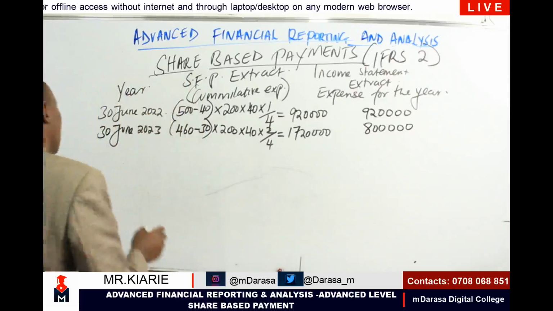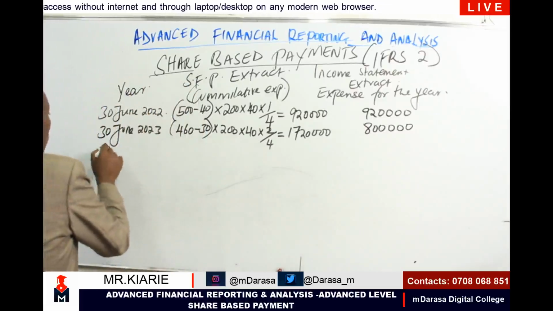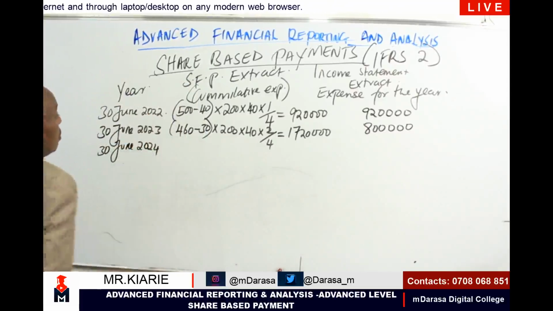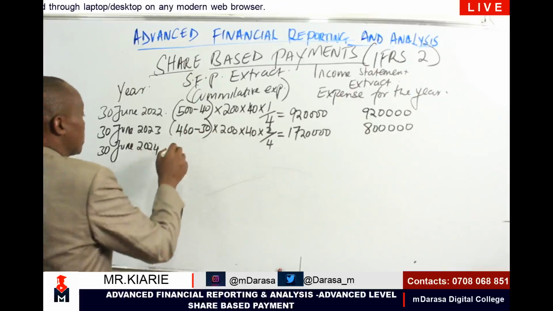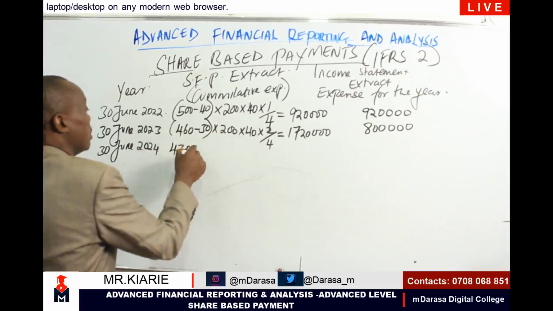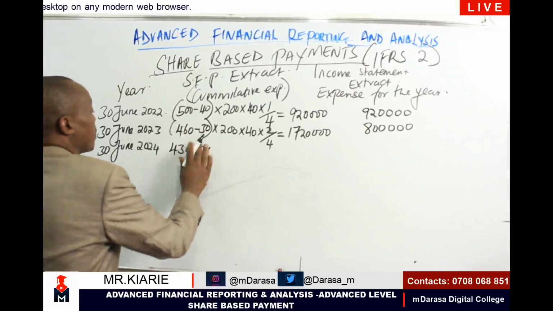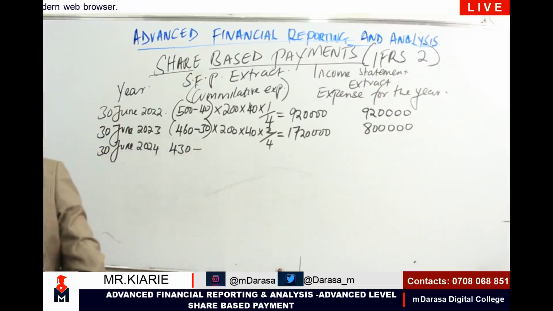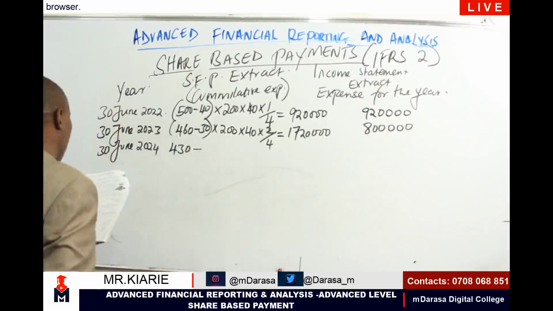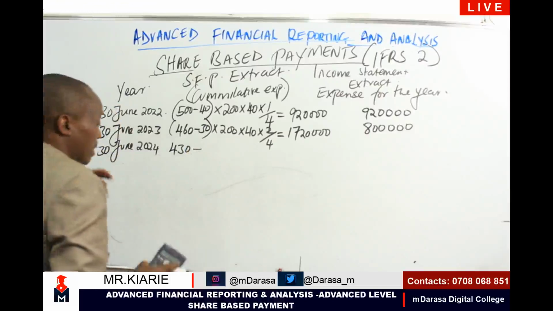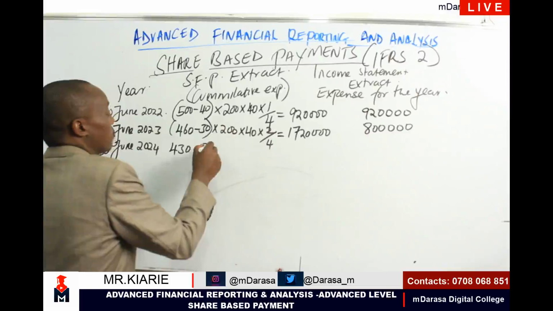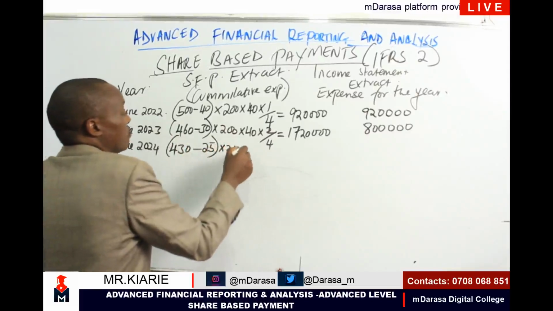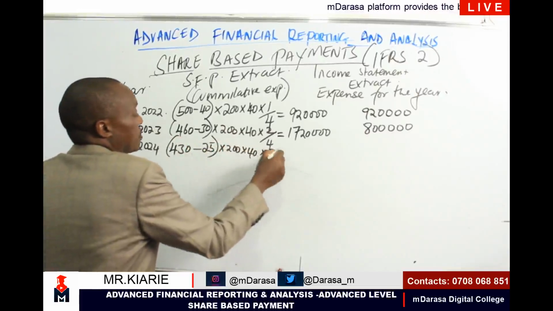Then I get to 30th June 2024. I had been left with 460 minus 30, which was 430, minus those expected to leave in the third year. I can see from the question another 25 are expected to leave in the third year. So minus 25 times 200 times 40 times 3 over 4.